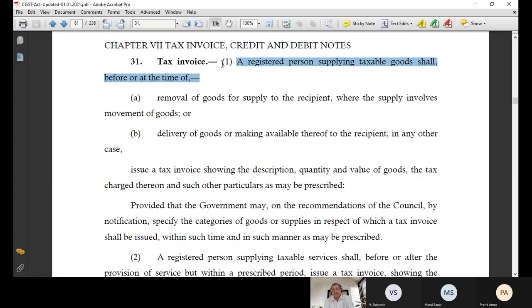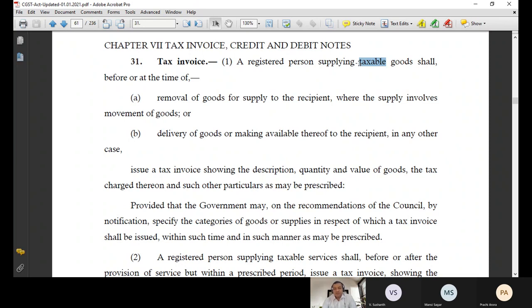A registered person supplying taxable goods. Now in this, two words are relevant. Registered, that means a person must be a registered person before issuing a tax invoice, and supplying taxable goods. I may be supplying exempt goods. For that, section 31 subsection 1 is not applicable. It's only for a registered person who is supplying taxable goods.